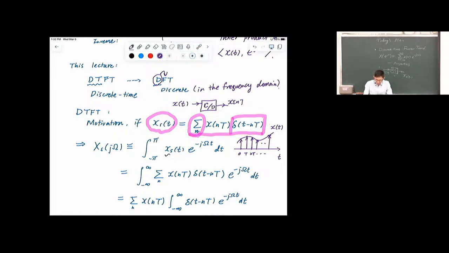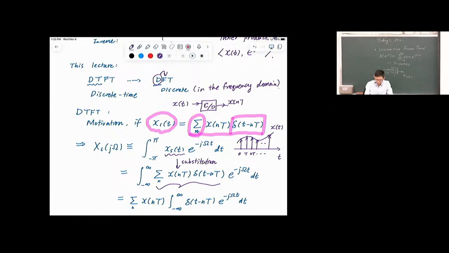This is just substitution. We substitute our signal with this summation expression, since we know that now it becomes a sequence of impulses.